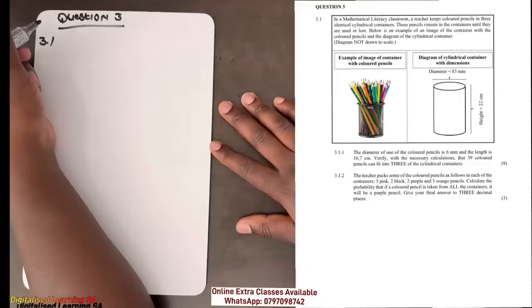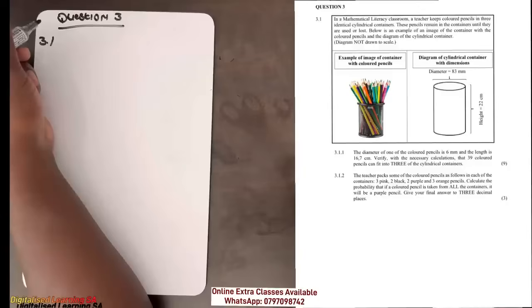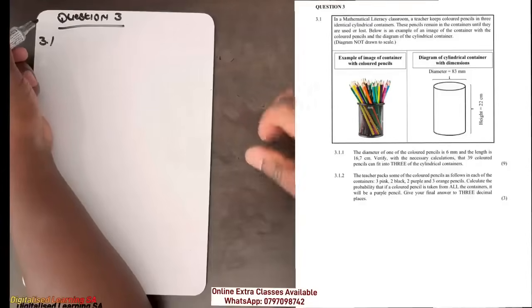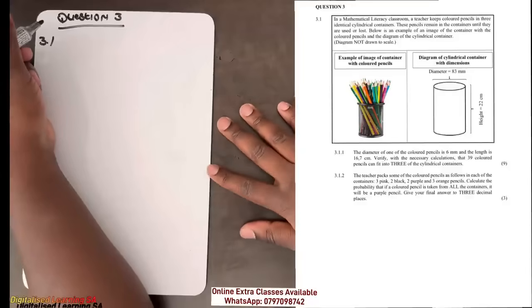Below is an example image of the container with the colored pencils and a diagram of the cylindrical container with dimensions. We can see that these containers have 2 dimensions: the diameter and the height.